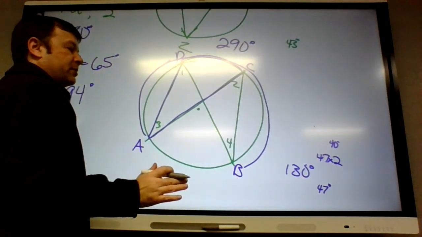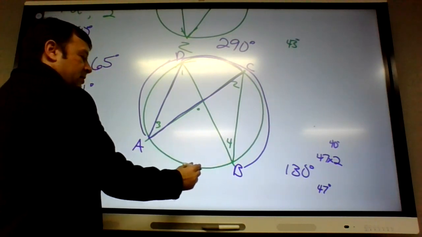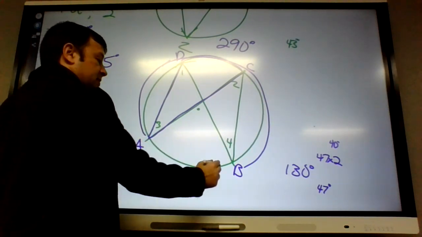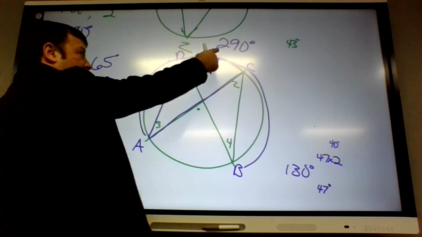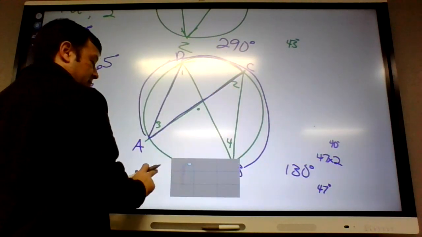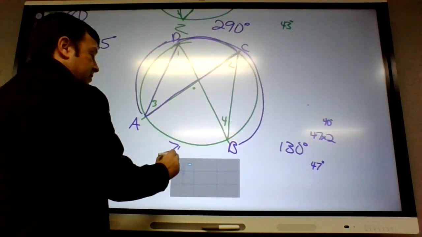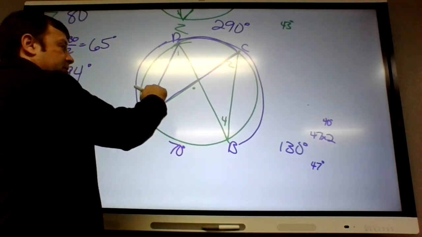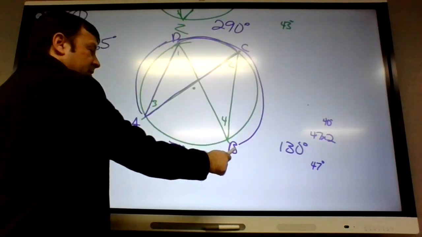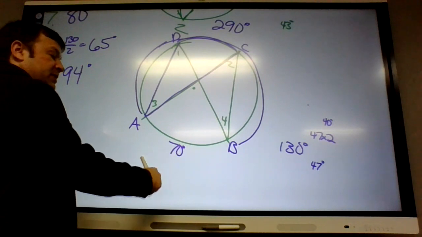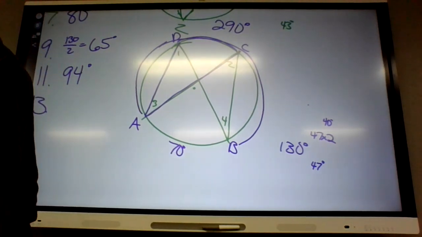Well, before I even read the question, what would this little arc that's left over have to be? 360 minus 290, yes. So that leaves 70 degrees for this guy. So the big arc all the way from there to there, 290, that leaves 70 for the little guy.